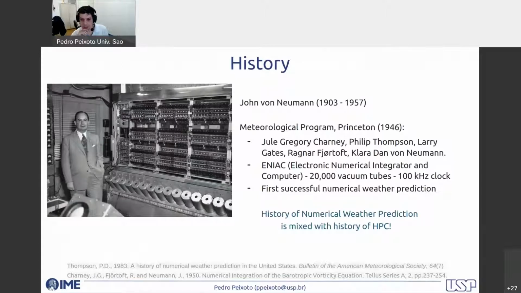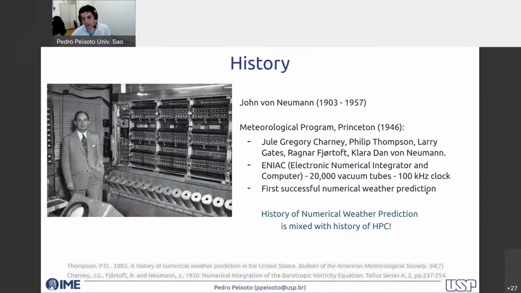And so, again thinking of HPC, we start with the first computer, well, one of the first main computers, which is the ENIAC. And one of the primary uses of the ENIAC was exactly weather prediction. With this computer, in the meteorological program at Princeton, they made the first successful numerical weather prediction, in the sense that they were actually able to calculate something useful, right?